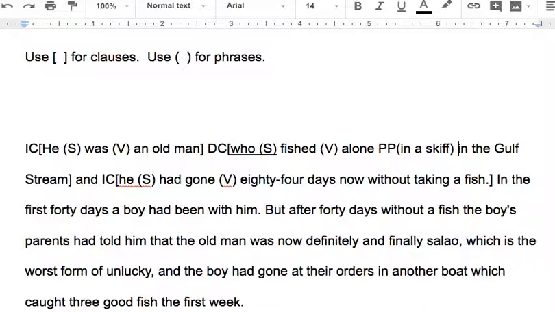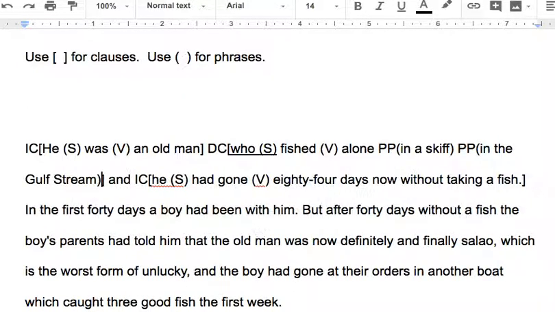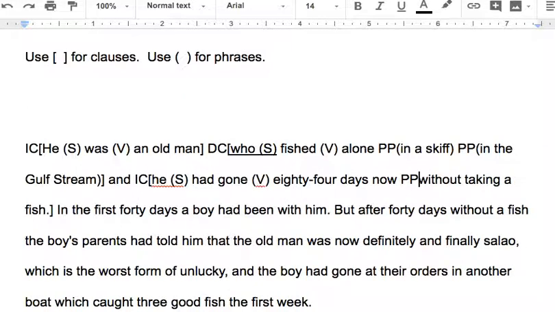Then we have right away another prepositional phrase, in a skiff. So let's put that in parentheses and identify that. Then we have our fanboys, 84 days now without. Here's our next preposition, plus the noun, so that's our prepositional phrase, without taking a fish.